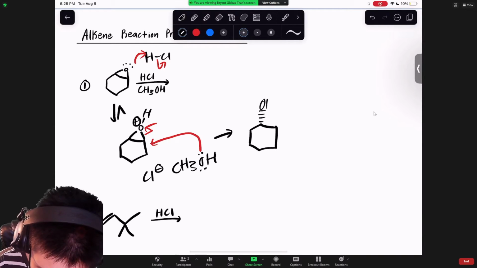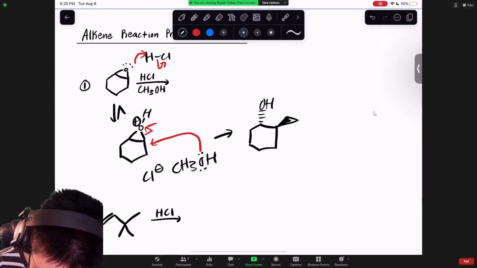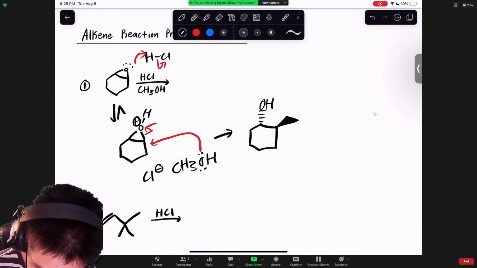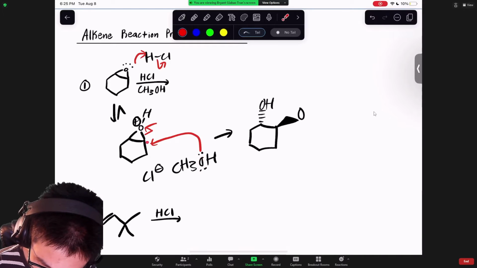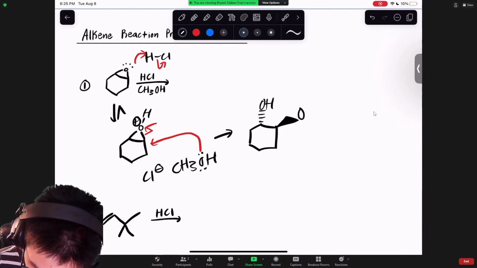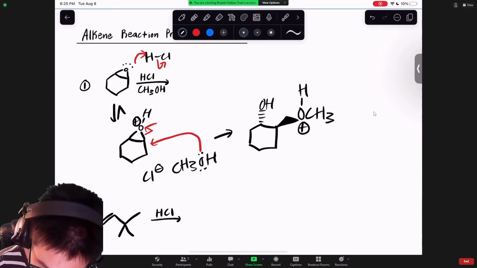So if this is a dashed OH, then the methanol would have to be attached to a wedge to the cyclohexanol. So that oxygen of the methanol attacked that carbon, which is why this is the new bond between the oxygen and carbon. And this oxygen is attached to a methyl group and the hydrogen group, giving it a positive charge.